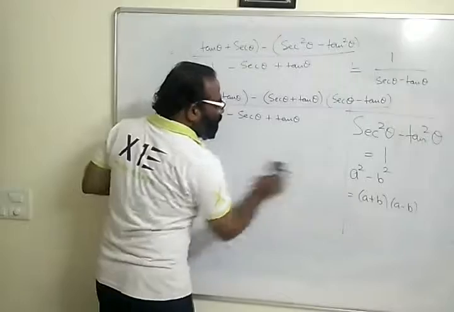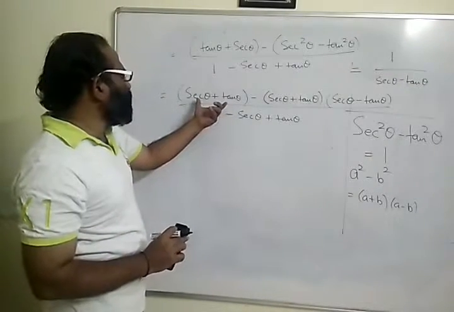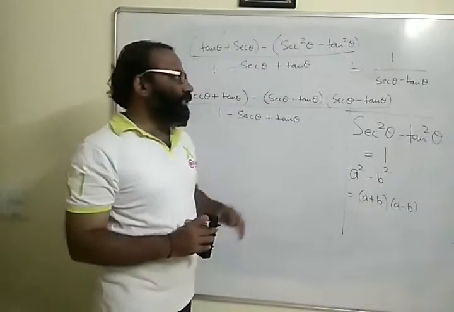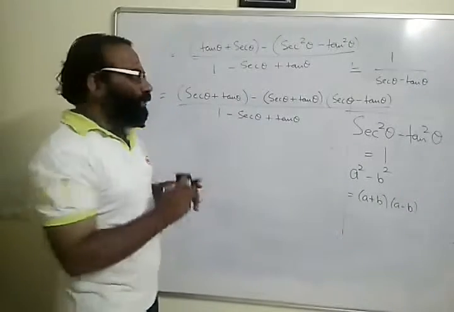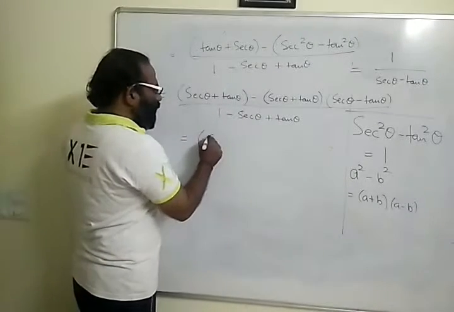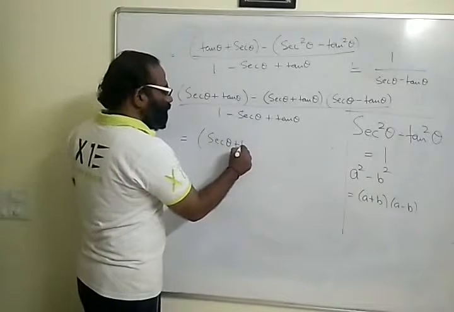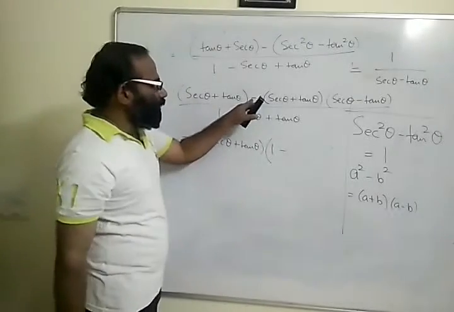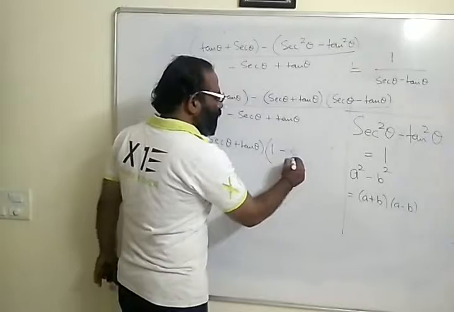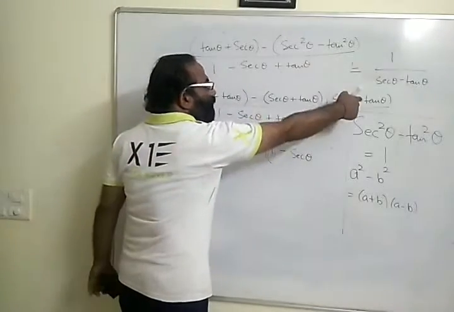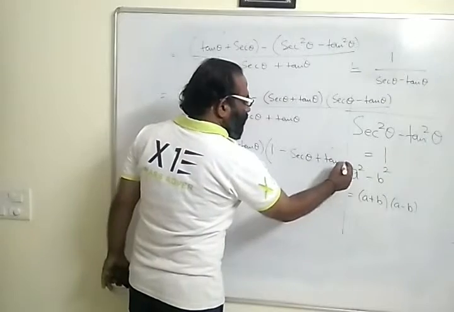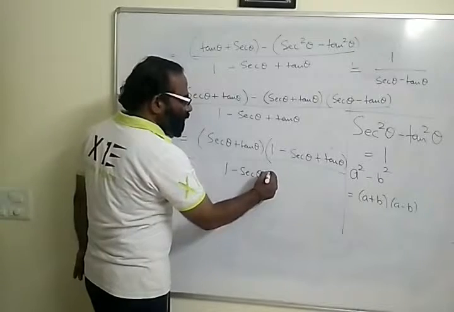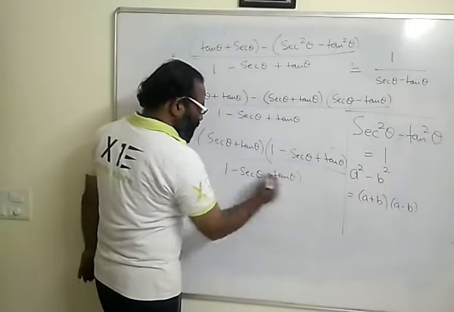Now in the next step, you see here in the numerator two terms: secant theta plus tan theta minus secant theta plus tan theta into secant theta minus tan theta. So secant theta plus tan theta is the common term over here. I can take that out: secant theta plus tan theta into 1 minus (secant theta minus tan theta), by 1 minus secant theta plus tan theta.